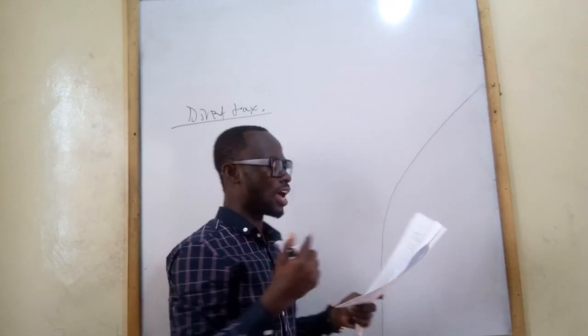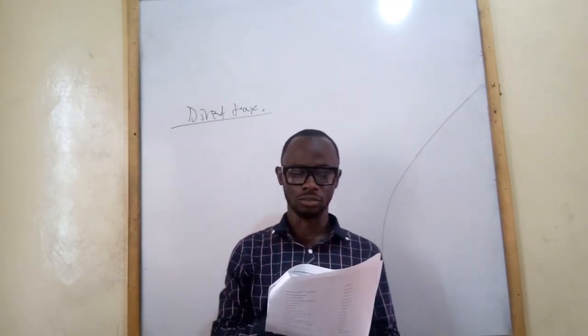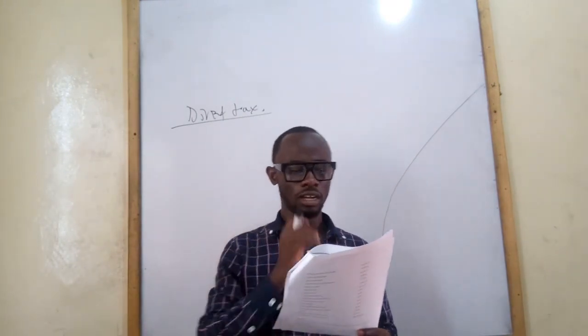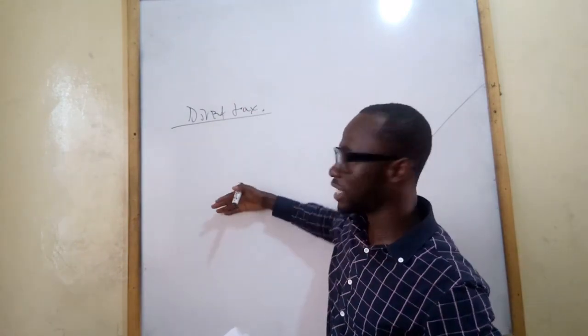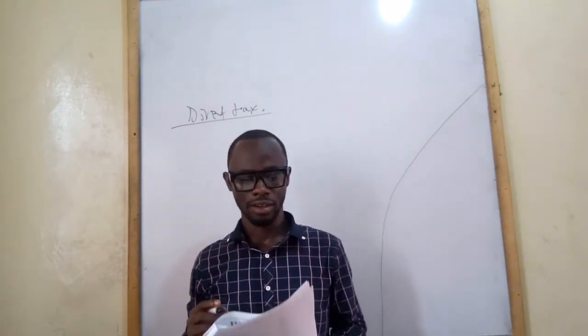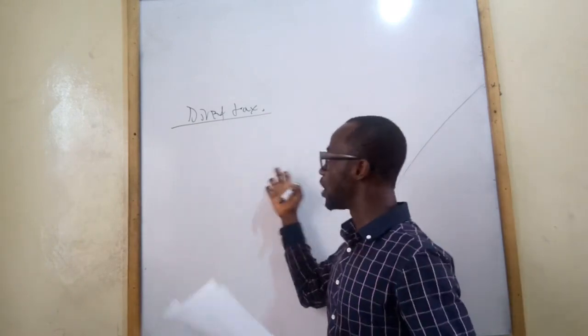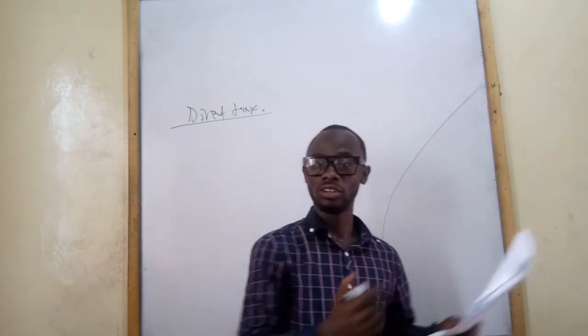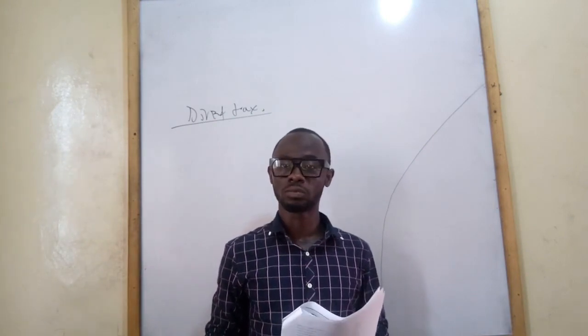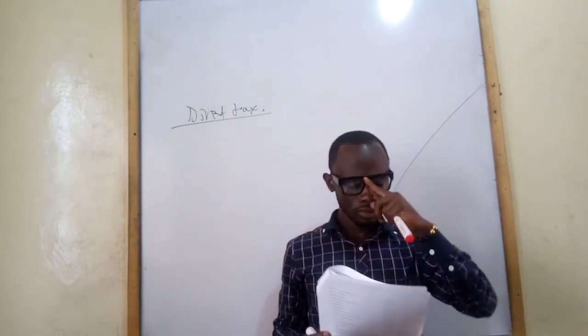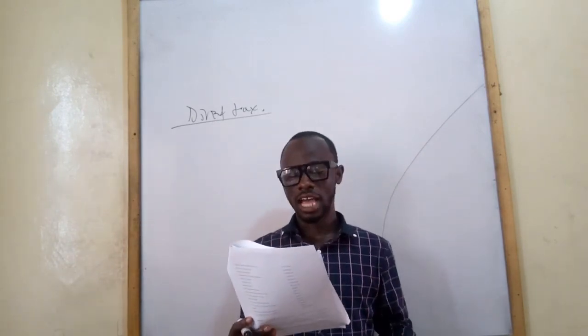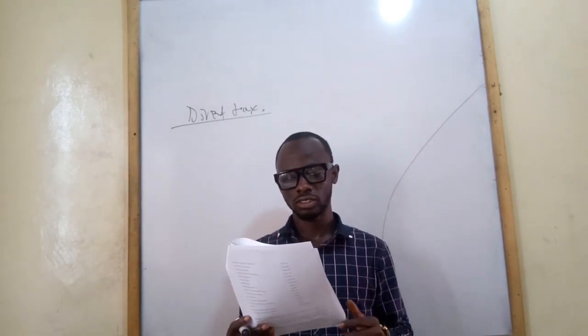So under the direct tax, we're going to bring these 3 items: taxes paid by individual, taxes paid by companies, and other direct taxes. So these 3 items will come under direct tax, and when we add all, that will give us the total direct tax that we are going to take to the income and expenditure, or the revenue and expenditure account.